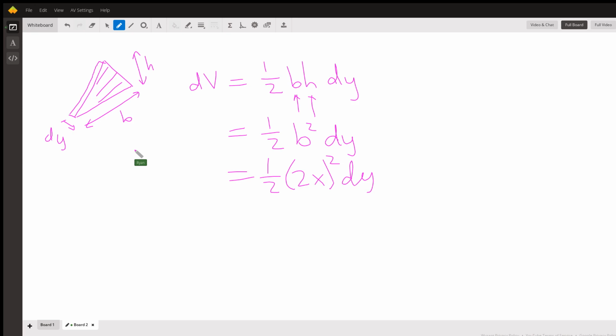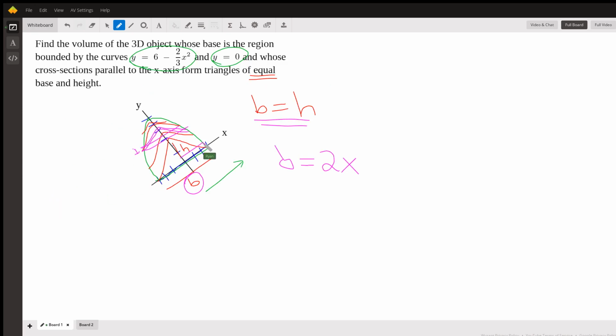Now we're not done yet setting up the integral that we want to evaluate. We still have x here, and what we really want is for x to be written in terms of y. How do we do that? Well, this is again where we recognize that this little x value has a relationship with y. In particular, x and y are related by this parabola, because this is a point on the parabola.